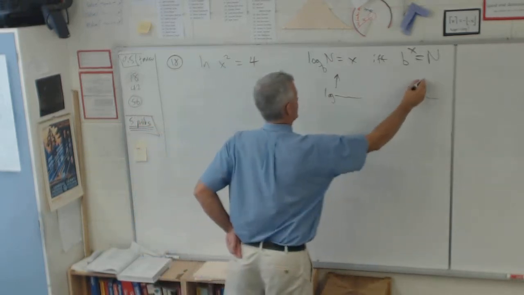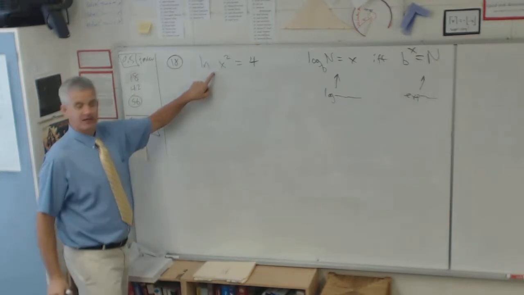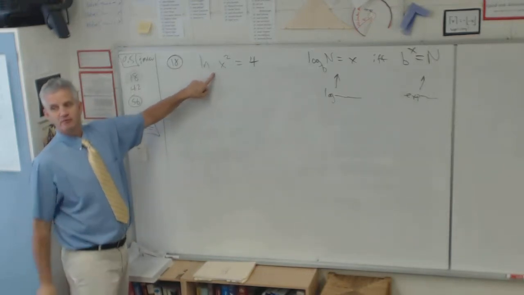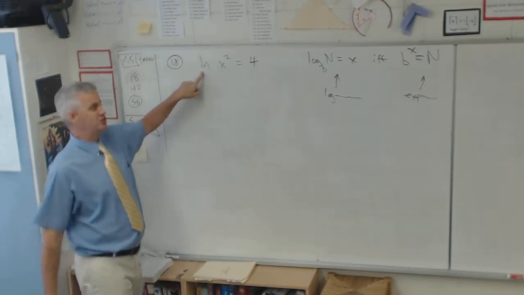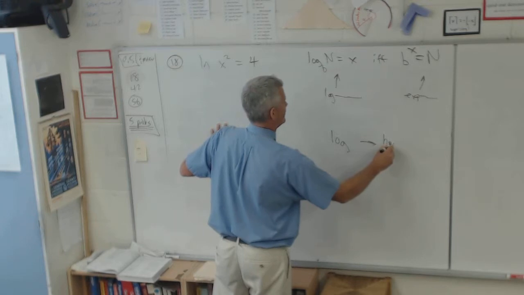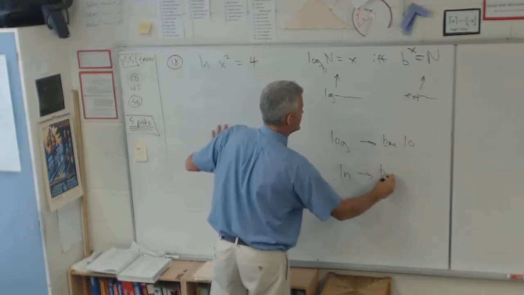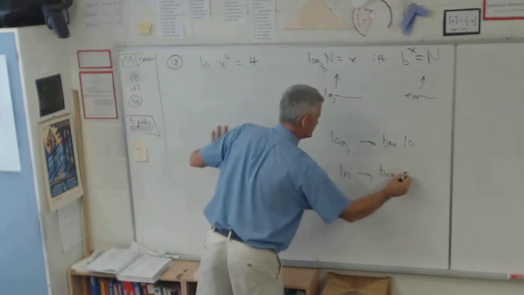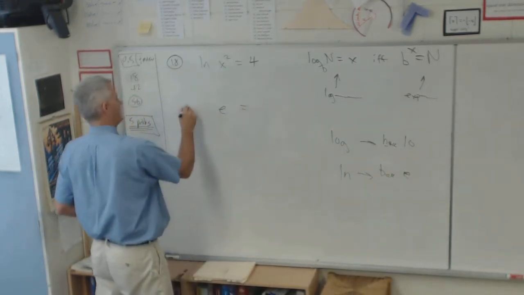So these things go back and forth. What's the base here? Log, the common logarithm, is base 10. When you have ln, it's base e. So e to what power is what number?